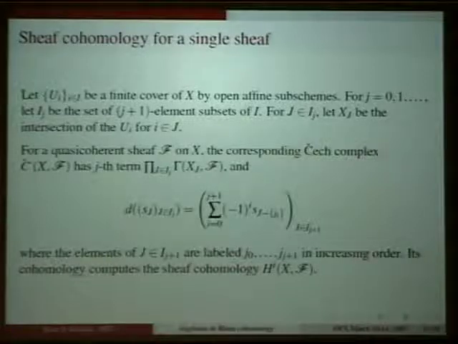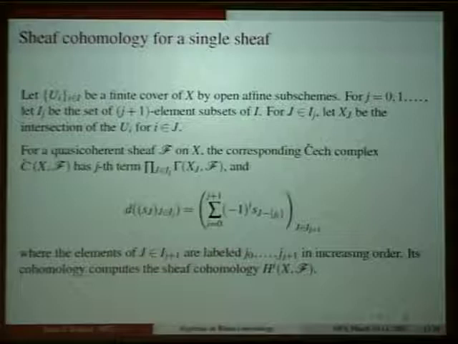So if I have some sheaf, which only needs to be quasi-coherent here, but in these lectures it's always coherent, there's a Čech complex. Basically, you're trying to take the cohomology on the whole thing, and so what you do is you take global sections on every possible intersection of terms in this cover.